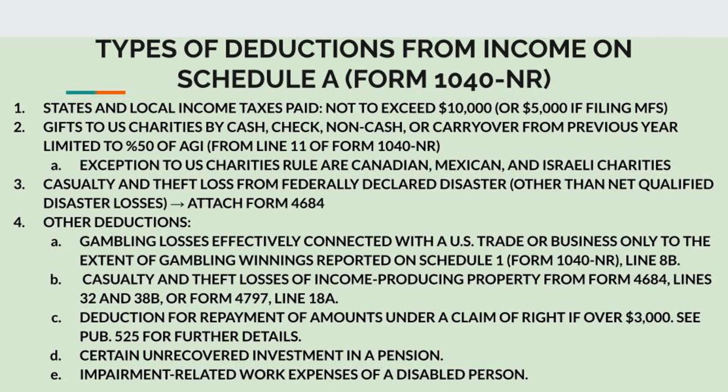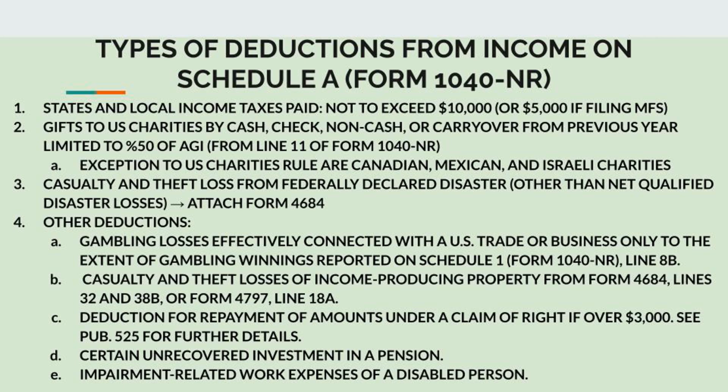The third one is casualty and theft losses from federally declared disaster. So if you happen to be living in an area that was declared by the federal government as a disaster area, you can go ahead and fill out Form 4684 and calculate the amount of loss that you had, and then you can import that to Schedule A and deduct it against your expenses.